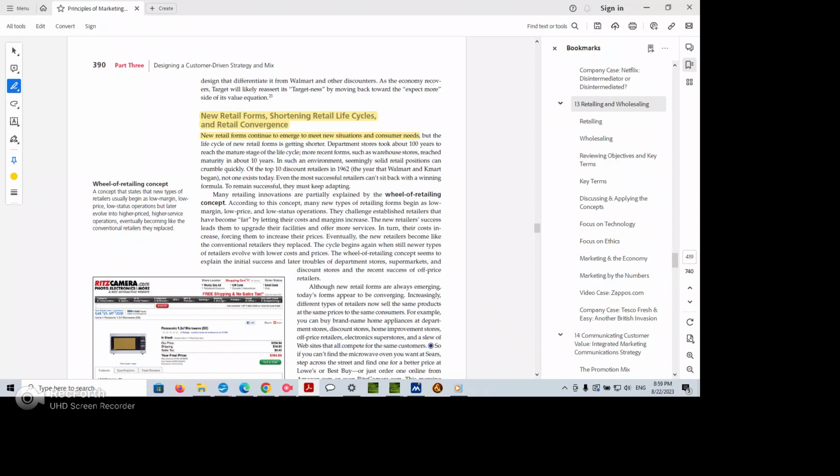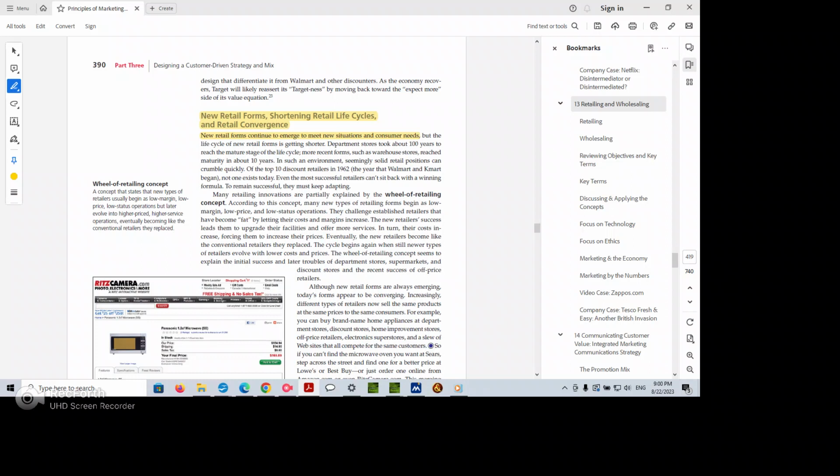Department stores took about 100 years to reach the mature stage of the life cycle. More recent forms, such as warehouse stores, reached maturity in about 10 years. In such an environment, seemingly solid retail positions can crumble quickly.